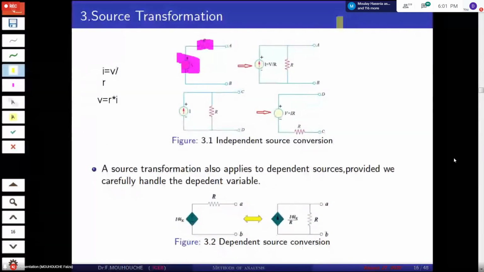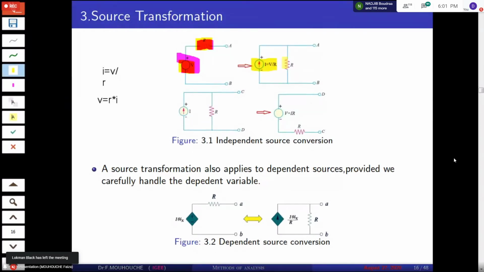For example, here we have the voltage in series with R, which can be converted into a current source in parallel with R, and the current we can calculate by using V over R. Since we have voltage and R, we can calculate current.